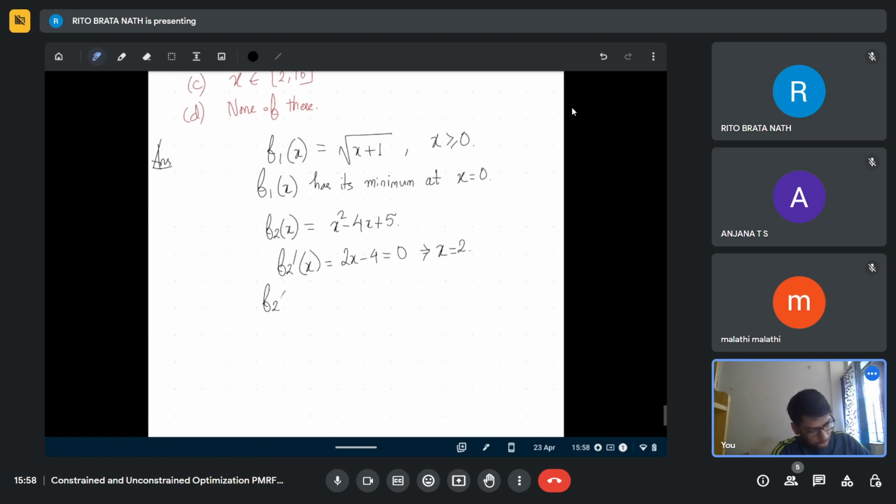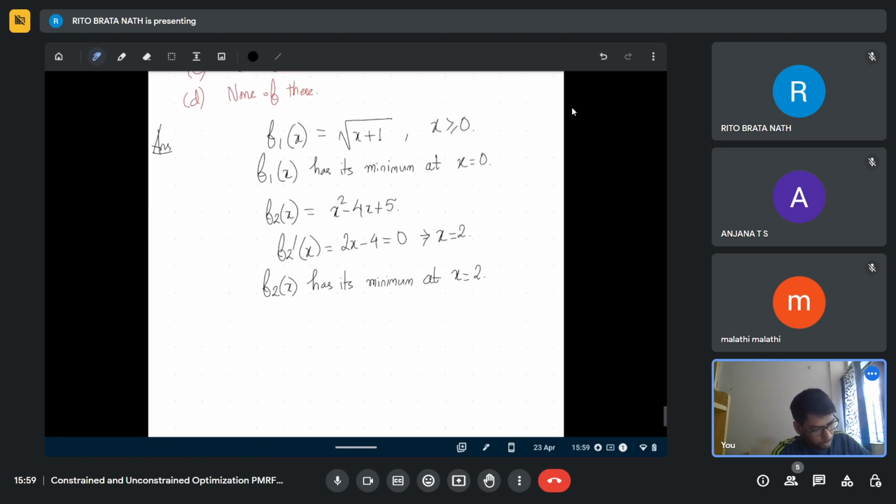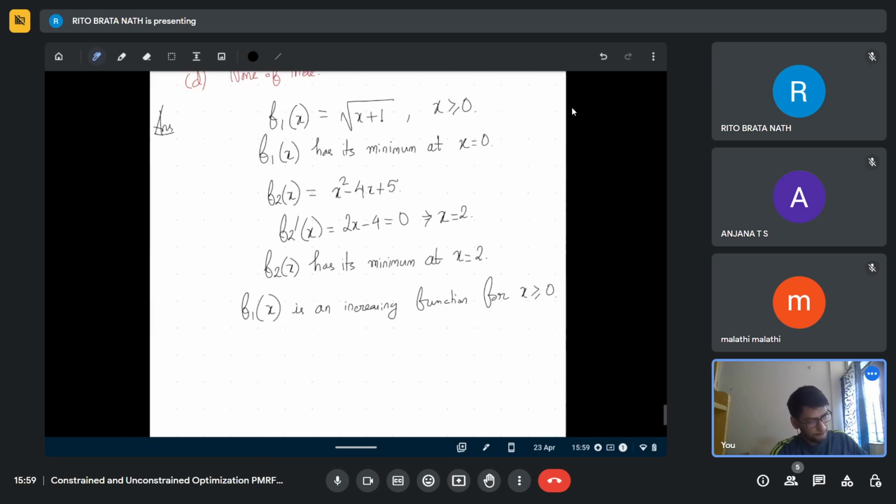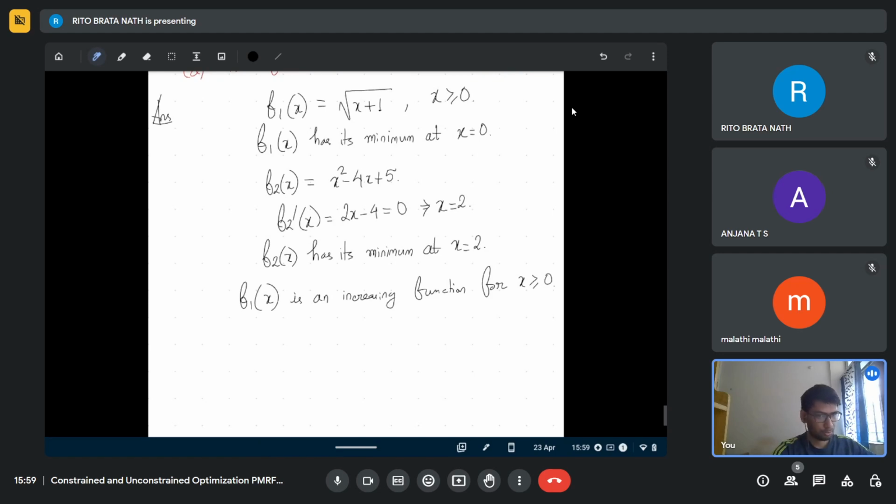That means f2(x) has its minimum at x equals 2. As I mentioned, f1(x) is an increasing function for x greater than or equal to 0, and f2'(x) is 2x minus 4.